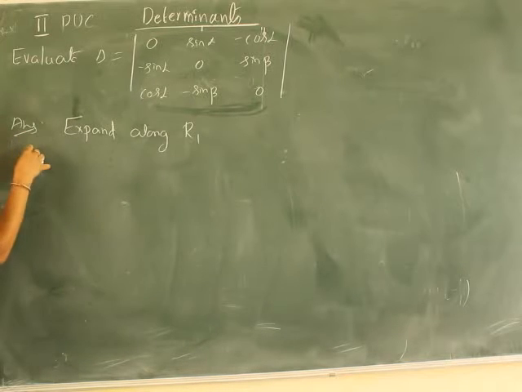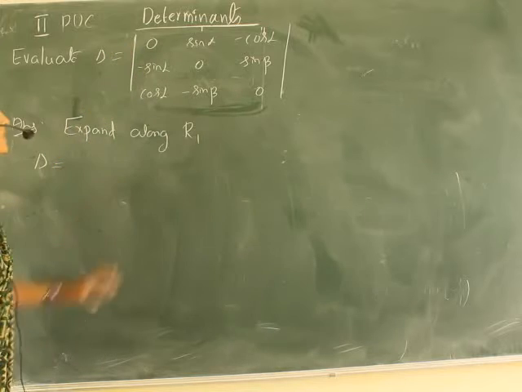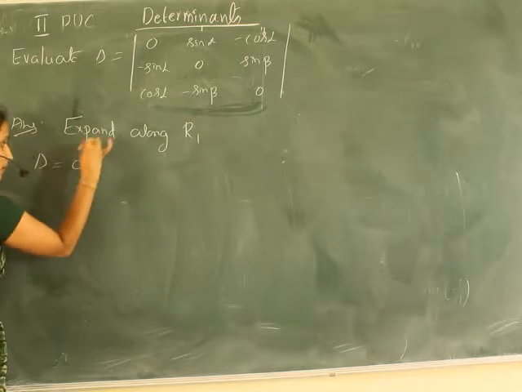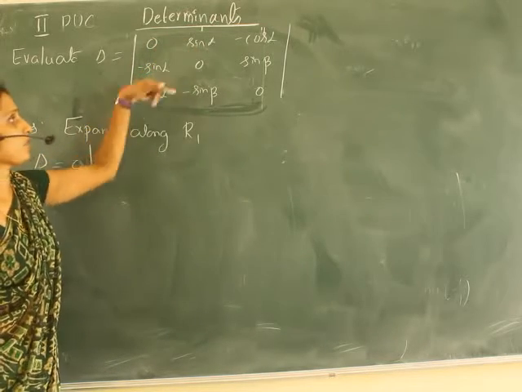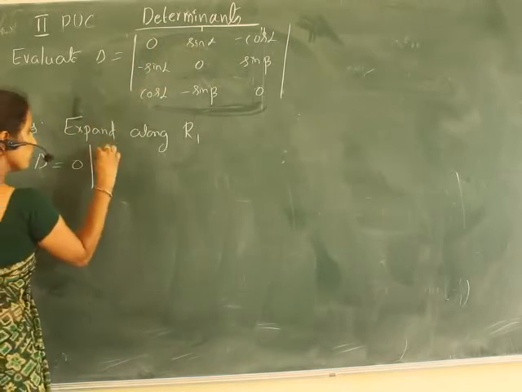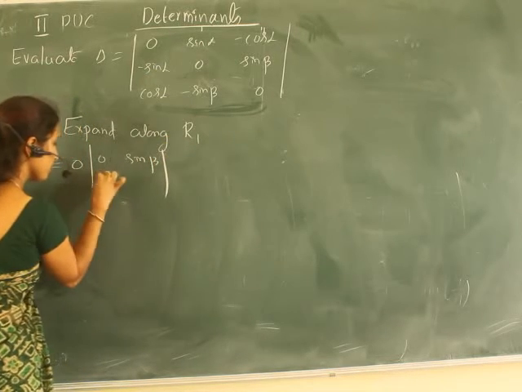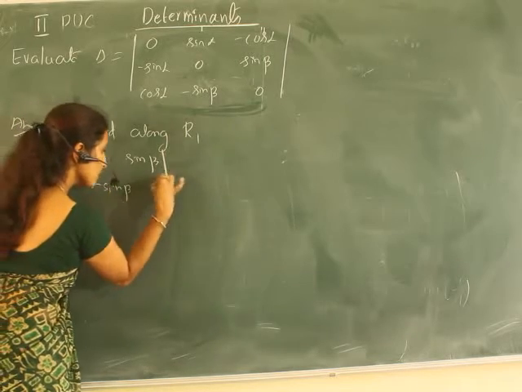Delta is equal to, first term is what? 0 into the determinant obtained by deleting first row and first column: 0, sin beta, minus sin beta, 0.